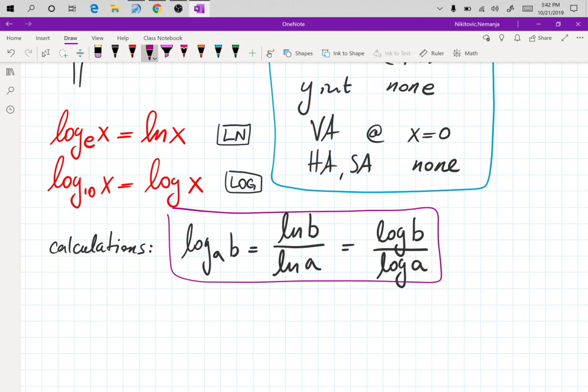Now, this notation with log and ln is standard everywhere on all calculators and textbooks and so on, unless you pick up Wolfram Alpha. I don't know why, but Mathematica and Wolfram Alpha call ln log. So that's confusing as hell. And that's the only place where I found different notations.